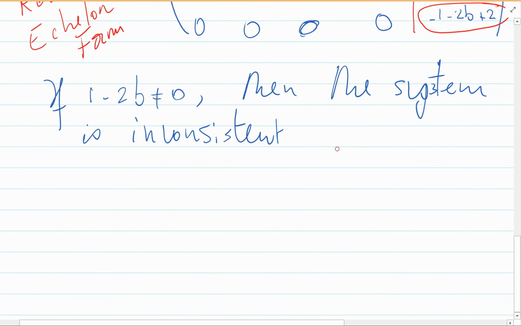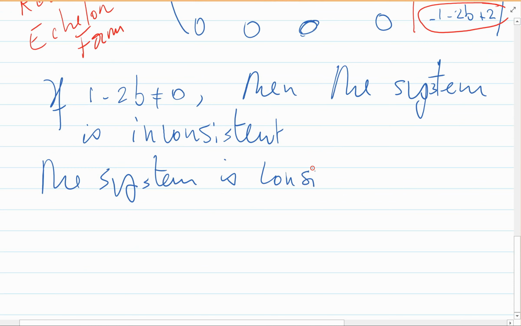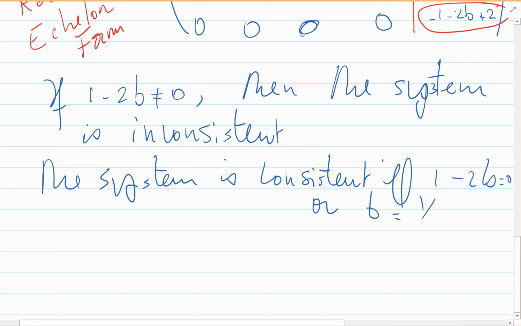So the system is consistent. So to answer now the question, the system is consistent if, and only if, 1 minus 2b equals 0, or b equal 1/2. So if b is equal to 1/2, the system is consistent.